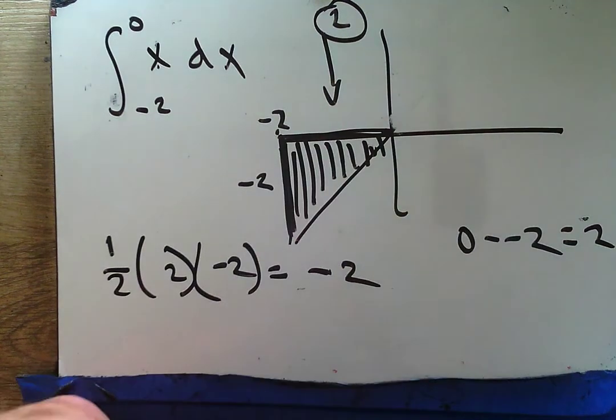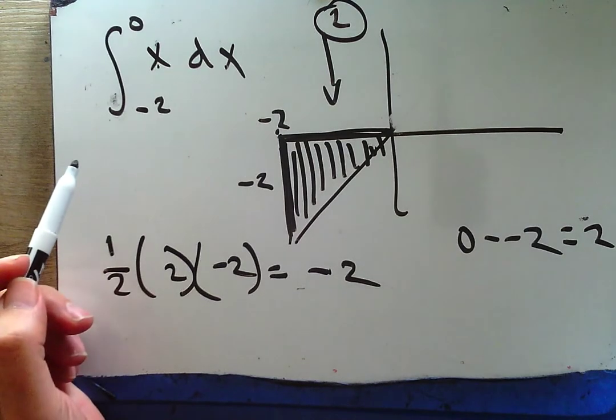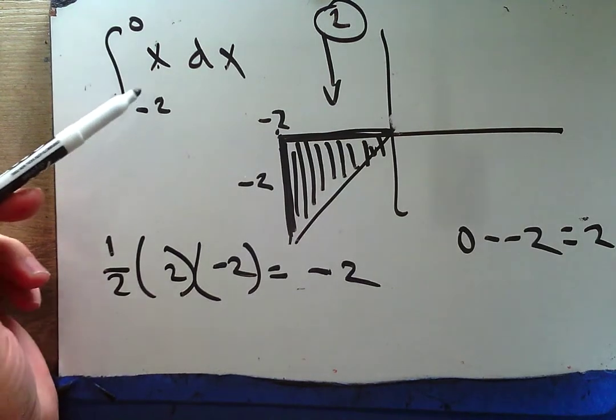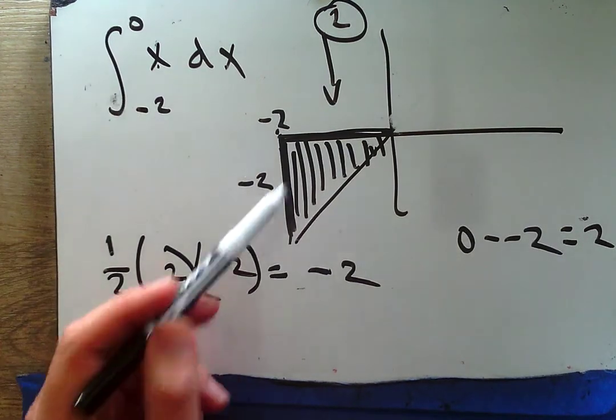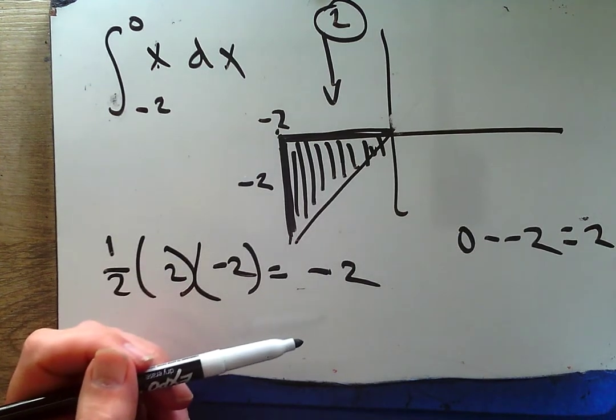Now, I know you say, but Mr. Euclid, area can't be negative. And I agree. Which is why a couple videos ago I said, well, so here's the thing. We casually say area. We really mean the integral. The integral can be positive or negative.